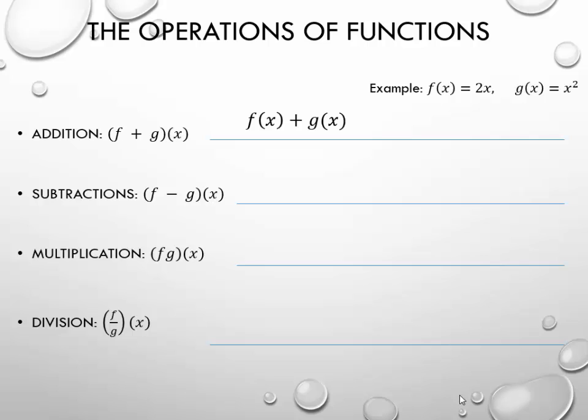And if we have f minus g, that is f of x minus g of x. This third one, f times g or fg, that would be f of x times g of x. And then the last one, the division, is a quotient of f of x and g of x.